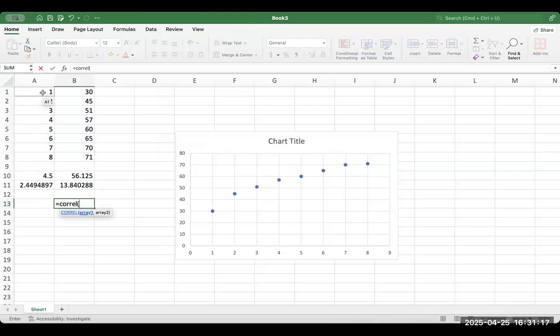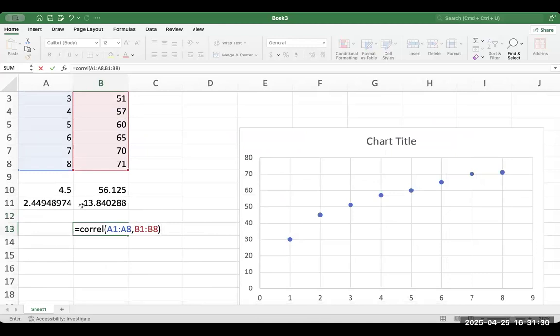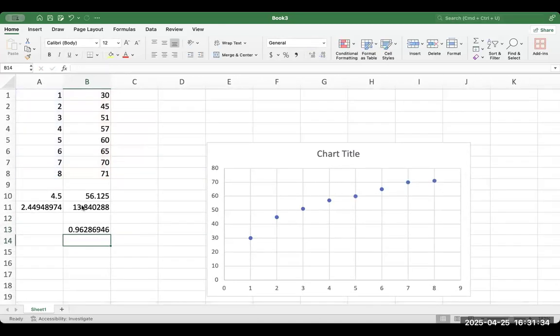So I'm going to highlight A1 through A8, comma, B1 through B8, parenthesis. Zoom in a little bit so you can see that. And then I'm going to hit enter, and I got 0.96. That's really close to 1. So that's telling me that these dots are almost on a straight line.